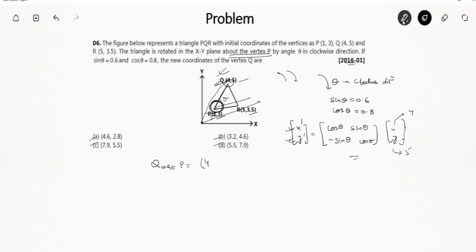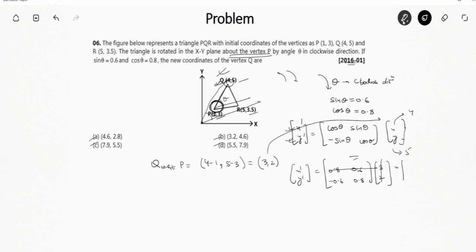It is very simple. It would be 4 minus 1 comma 5 minus 3, which gives 3 comma 2. Now you put this value here, it would be x dash y dash equals cos theta 0.8, sin theta 0.6, minus 0.6 and 0.8 into 3 comma 2.